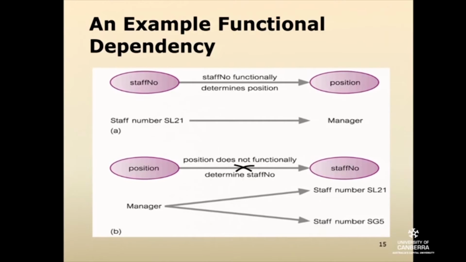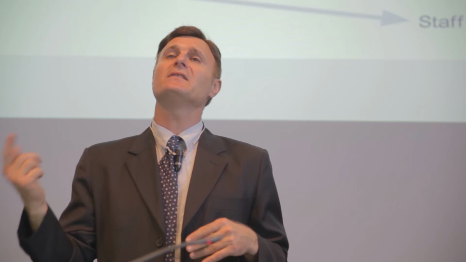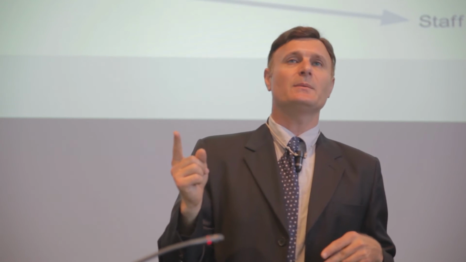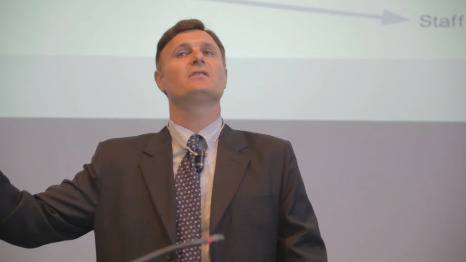But knowing the position, if you tell me the position of a person, let's say two people work as managers, and you say manager is a position, give me the staff number, I cannot tell you because there are two people that are managers. Does this make sense? So functional dependency means that knowing one attribute, you can from that attribute determine other attributes in that table.